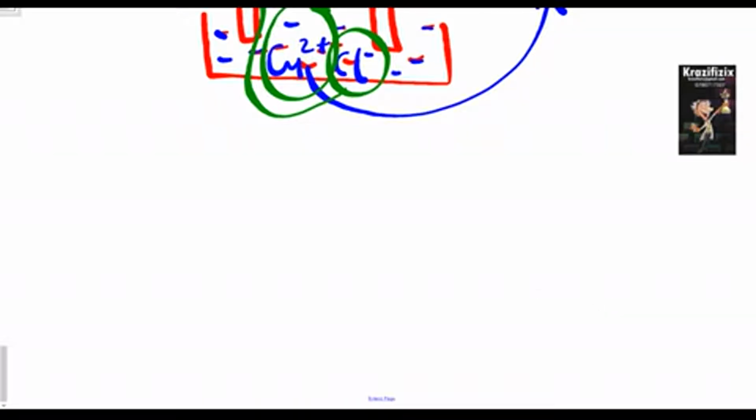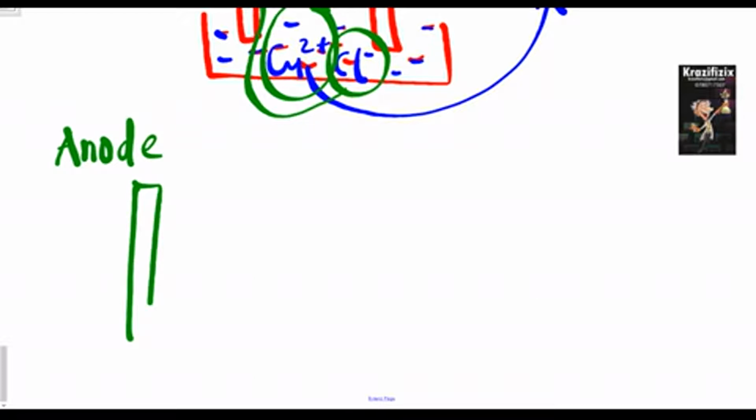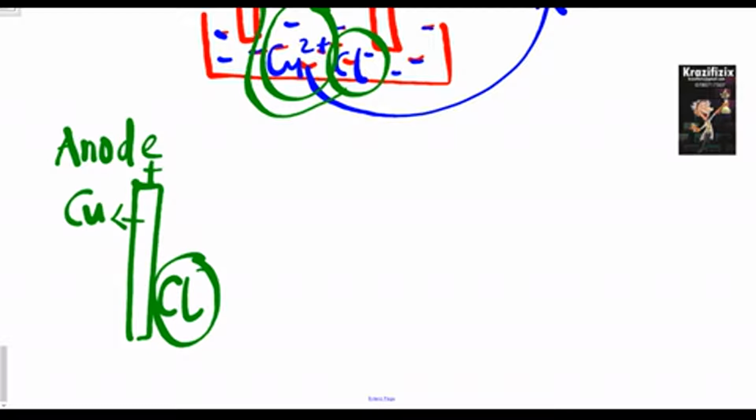Let's see, at the anode. Let me just draw the anode quickly. Remember, it is positive, and we have Cl minus attracted towards that. Remember that this is a copper electrode.